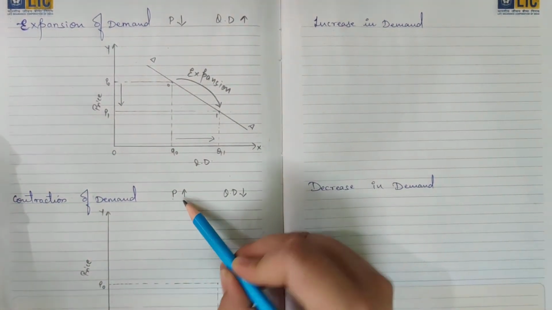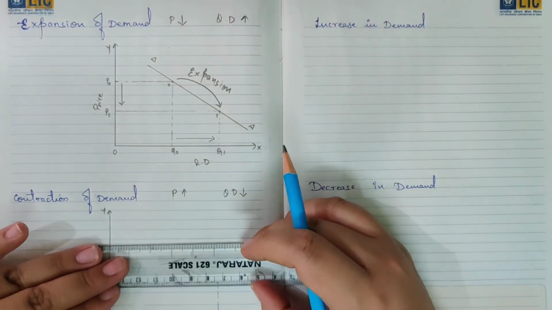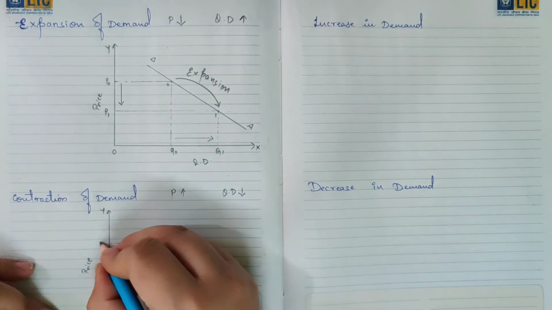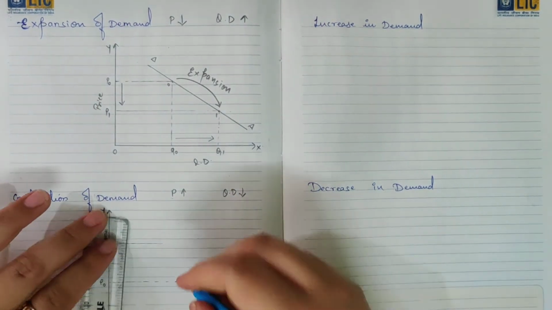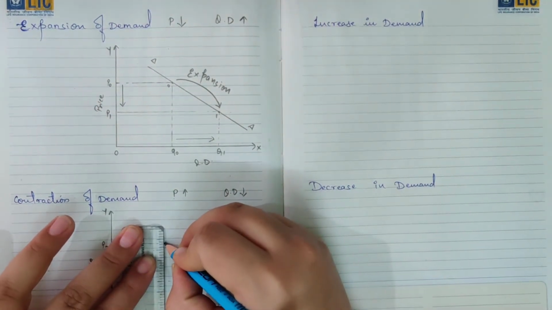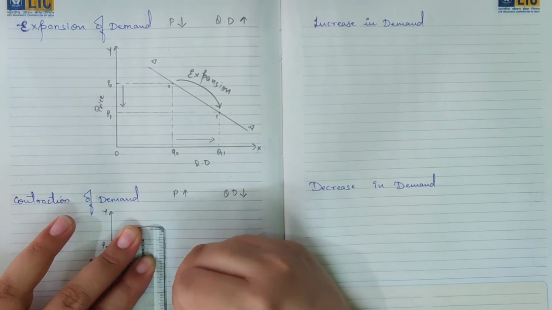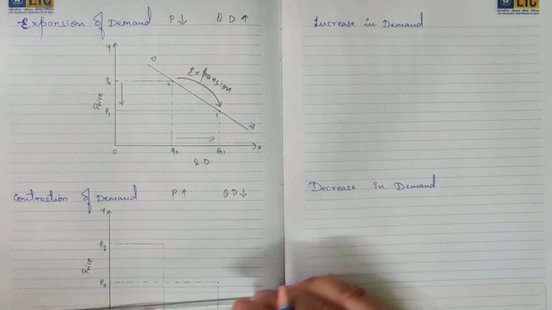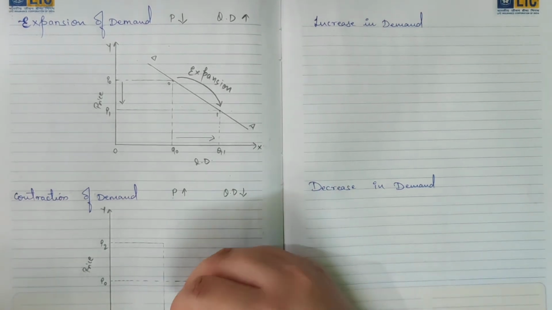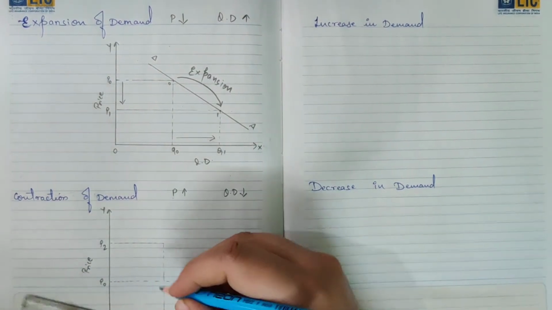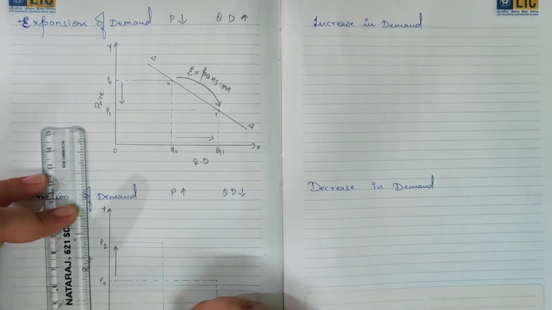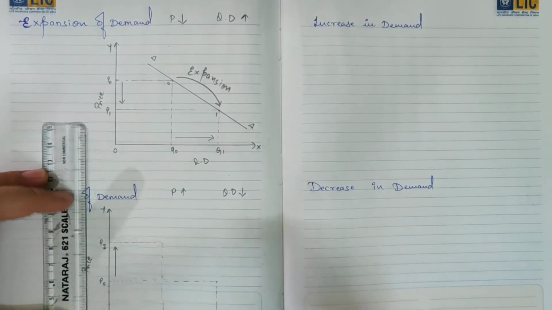So price increases, say for example it becomes P2. Quantity decreases, say it becomes Q2. So here is decrease in quantity, here is increase in price. I hope I am clear.